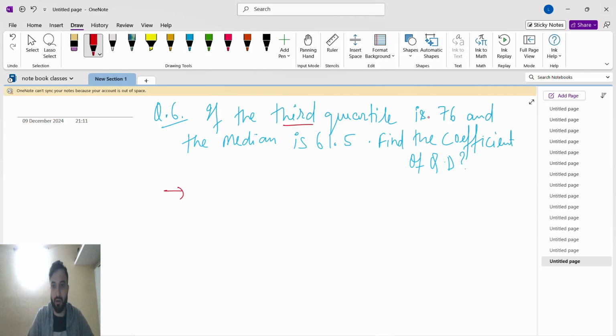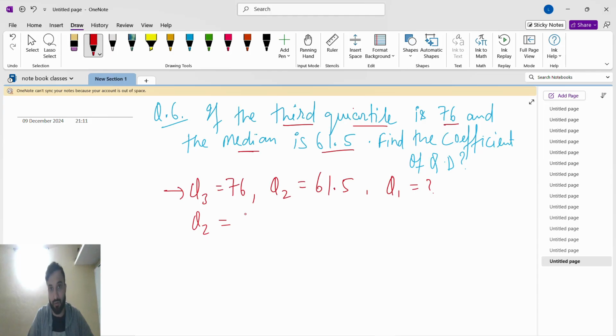See, they have given the third quartile is 76, so Q3 is 76 and the median is 61.5. We know, guys, if they are talking about quartiles and they have given the median, it is Q2. Q2 is 61.5. To find the coefficient, first we have to find Q1. We'll use the formula Q2 equals (Q1 plus Q3) by 2.